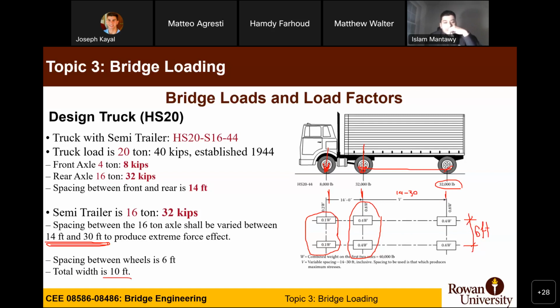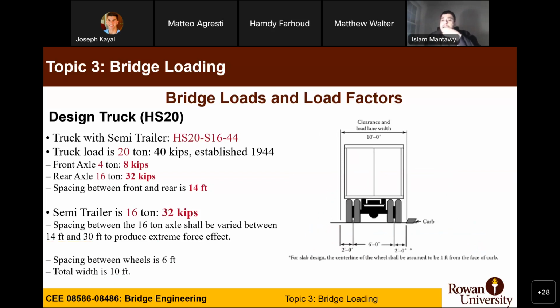Okay, so you already, yeah, so it's here and there, right? So if I move to the next slide with you, you will have the truck total width is 10 feet. The wheel distance center to center is 6 feet, right? And you have 2 feet to the curb and another 2 feet to the end.